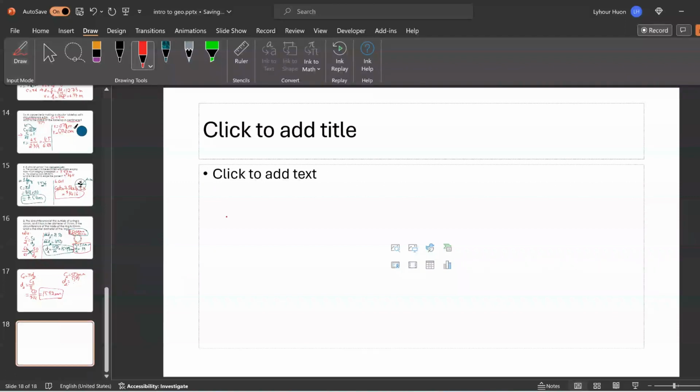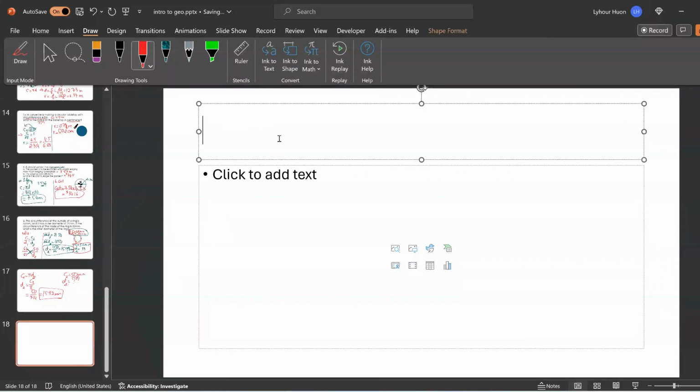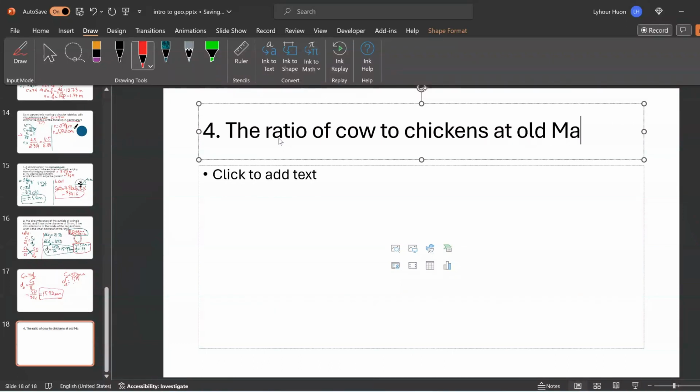Let's do number four. The ratio of cows to chickens at the old McDonald's farm is 2:7. Let me write roughly: the ratio of cows to chickens at old McDonald's farm.